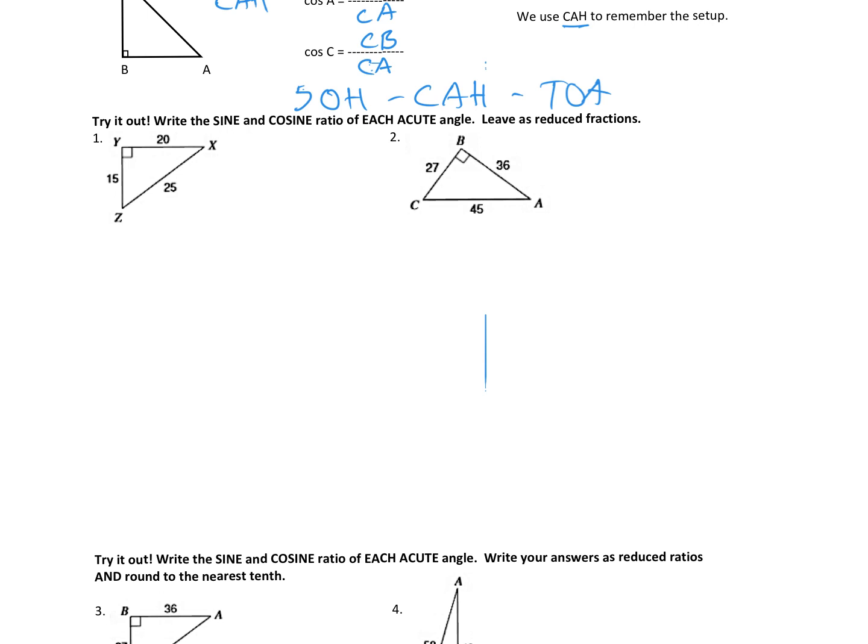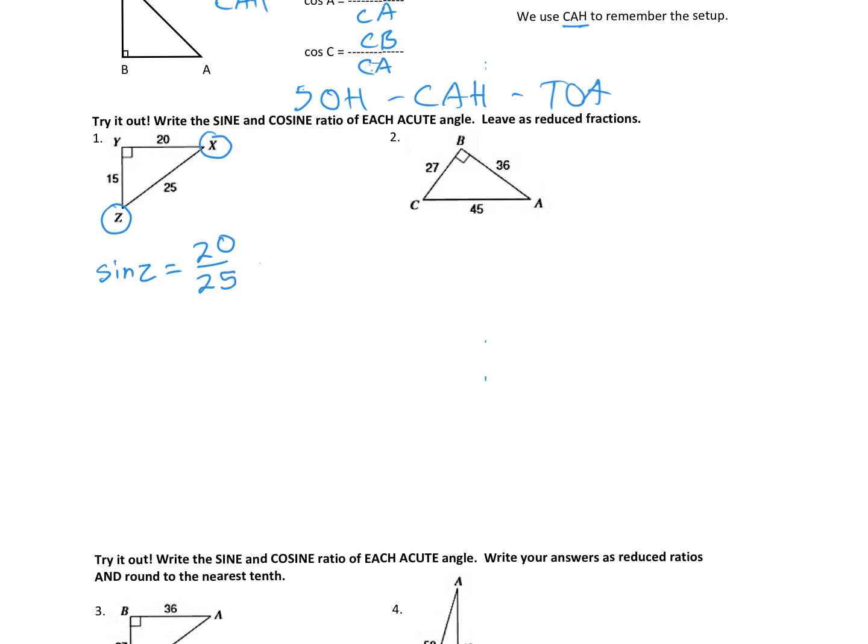Write the sine and cosine ratio of each acute angle. Leave and reduce fractions. So let's do first, the acute angles are angle Z and angle X. So let's do sine of Z. Sine is SOH, opposite over hypotenuse. So that is 20 over 25.